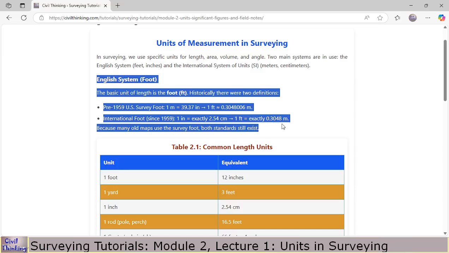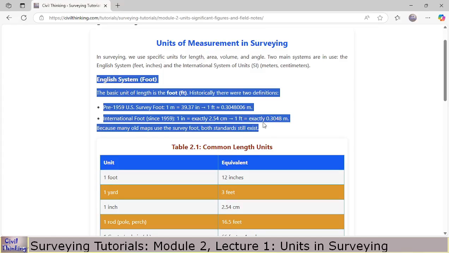We still have old maps where they use the older value of 1 foot, but in maps after 1959, 1 foot is exactly 0.3048. I am talking about this because as a surveyor you might see very old maps, so you won't get confused about why things are different.